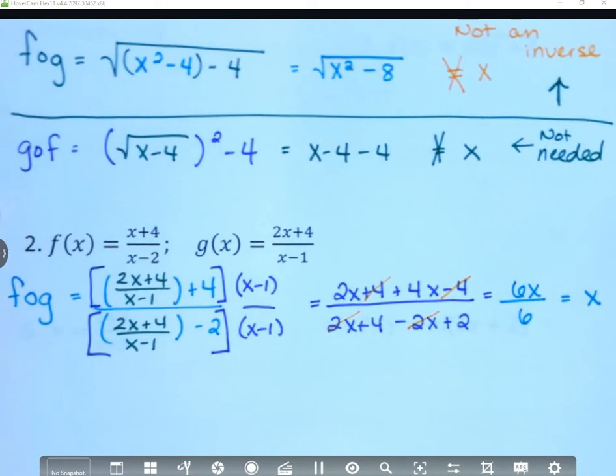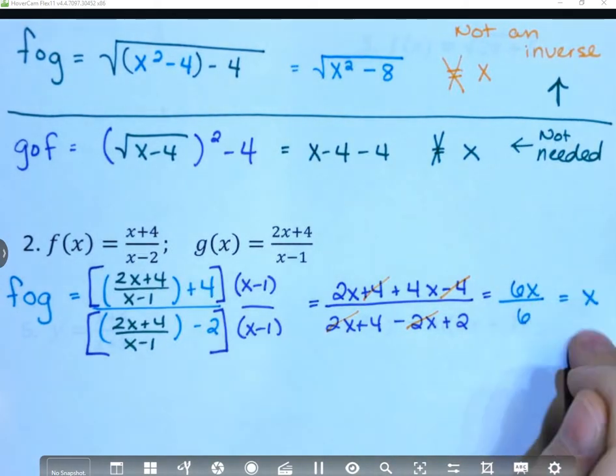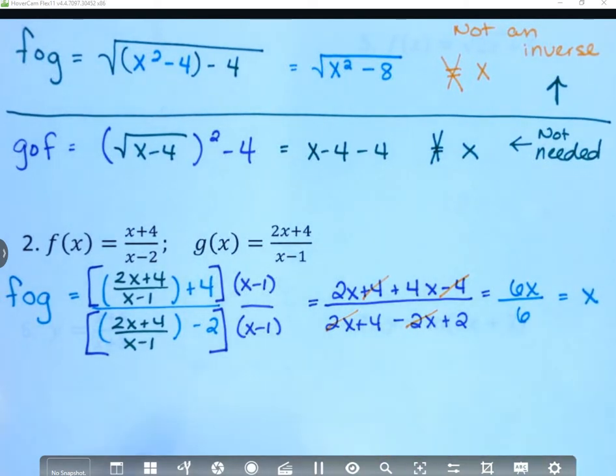So that direction tells me I should be okay with inverses. But, and this is not my rule, this is math's rule, you must verify it both ways. Because there are problems people get wrong. So even though the x tells me that's good, I still need to do g of f.